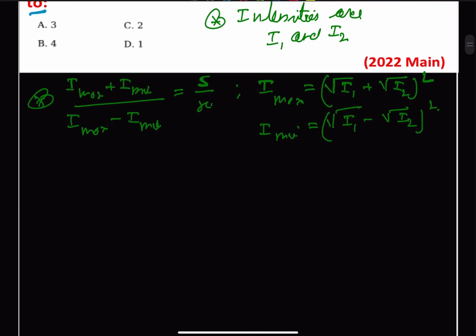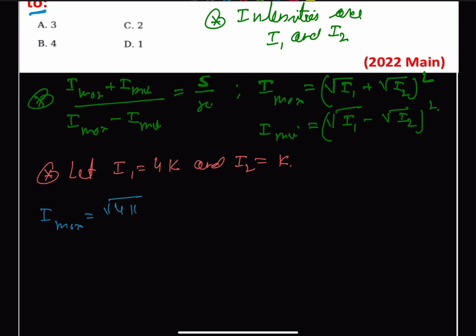Therefore, we can write, let I1 is equal to 4k and our I2 is equal to k. We can find out our I max will be equal to square root of 4k plus square root of k and whole square, and this will be coming as 2 root k plus root k, that is 3 root k whole square, giving us 9k.